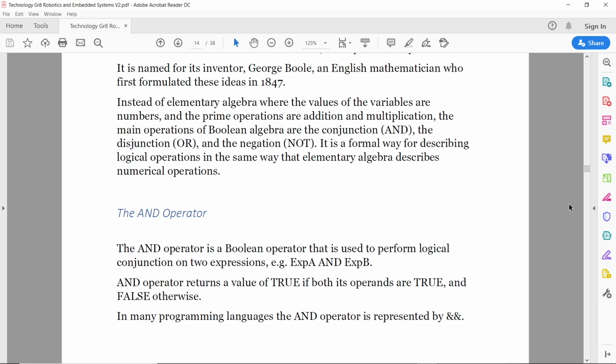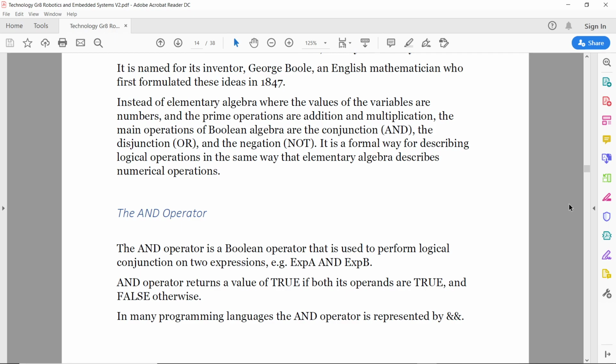Okay, so let's deal with the AND operator first. The AND operator allows us to join multiple statements together. Like you can see there, I've got expression A and expression B. Now, the answer to an AND statement is true if both of its inputs are true.